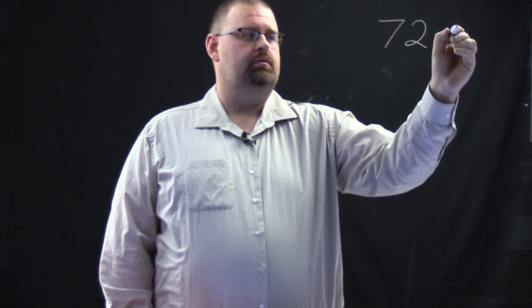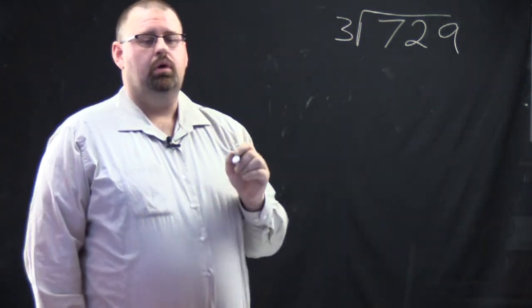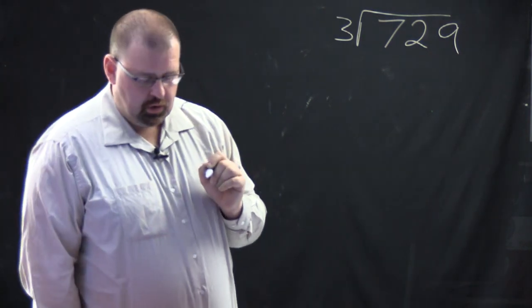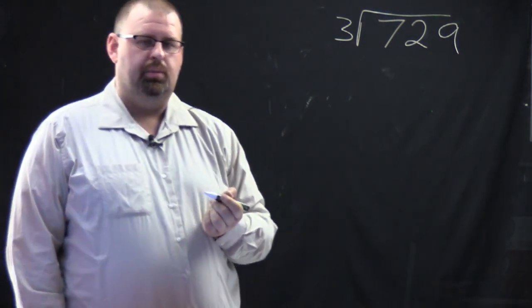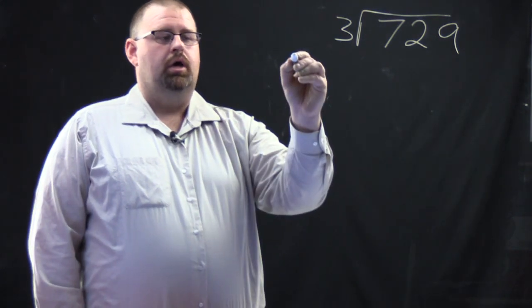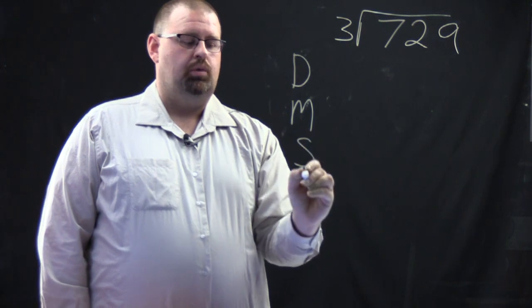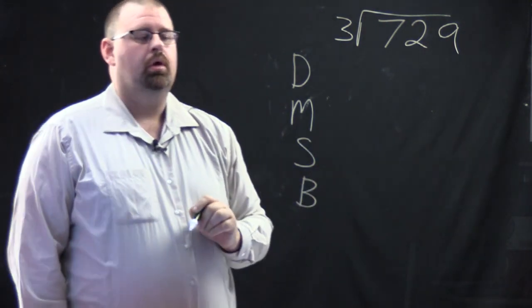First problem we're going to do is 729 divided by 3. All right, so when we have this problem, I want you to remember these four letters first. We have a goofy way in class of remembering these. We say dumb monkeys swing backwards. And you take the first letter for each of those. Dumb monkeys swing backwards.